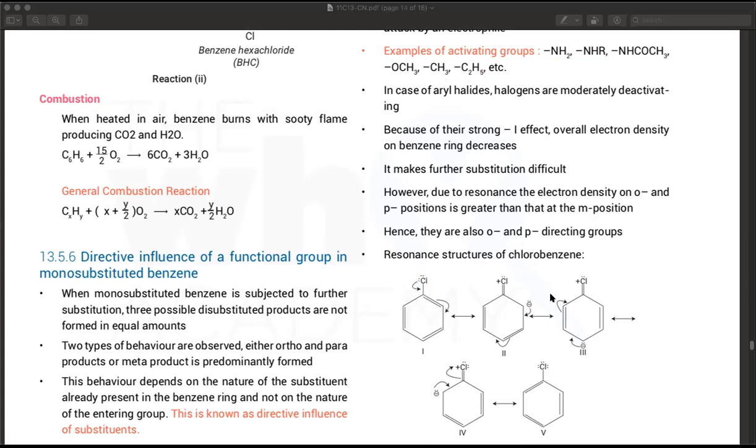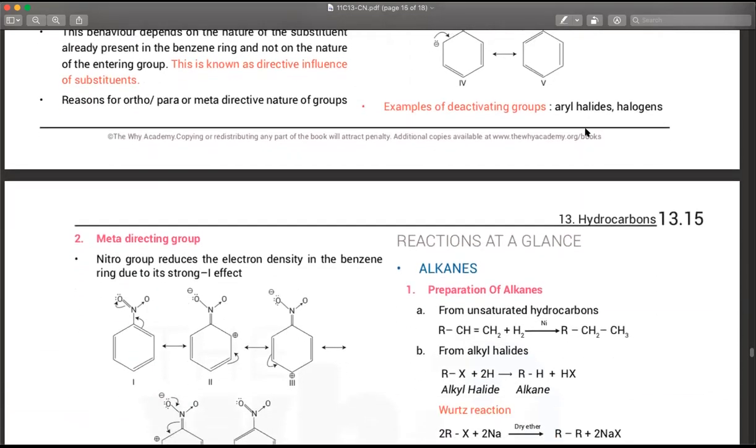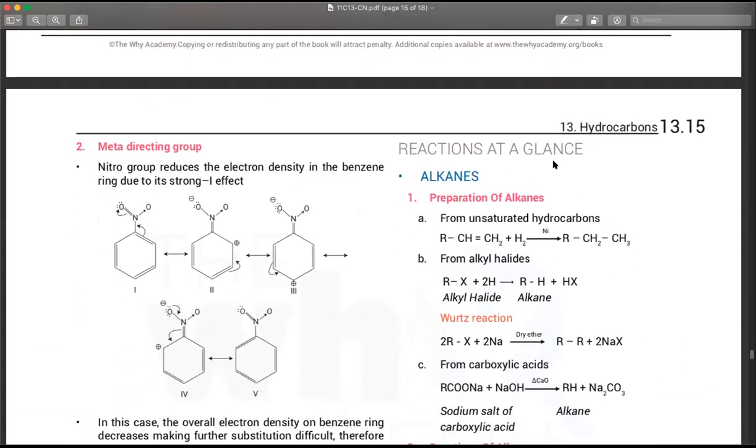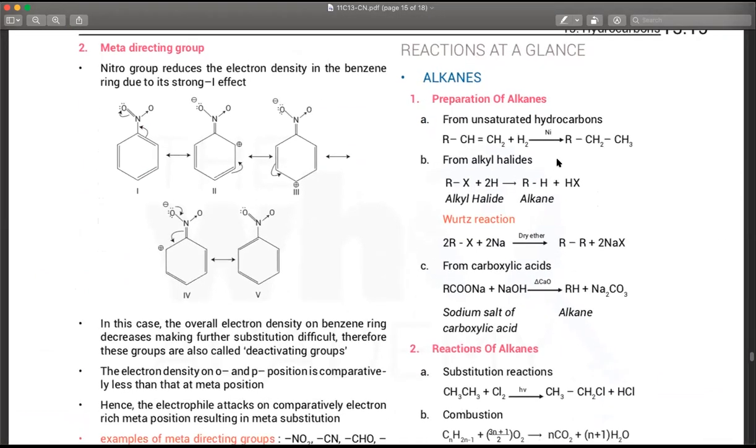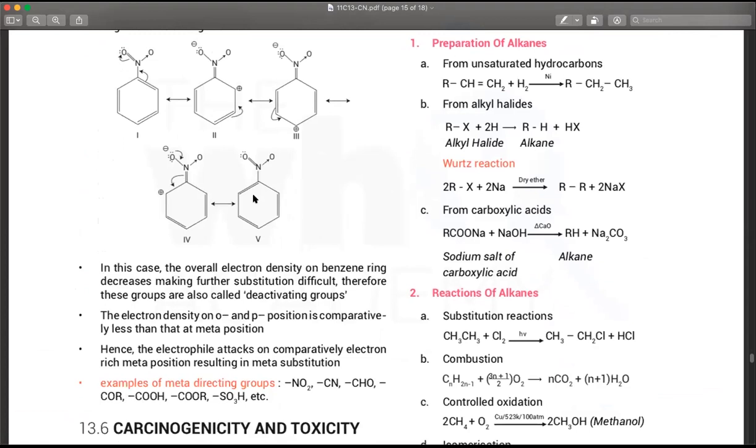It becomes clear when I show you which groups are meta directing. Does carboxylic acid come in meta directing? Yes, they're acidic, so your hack works. I've shown you the reason how meta directing happens.